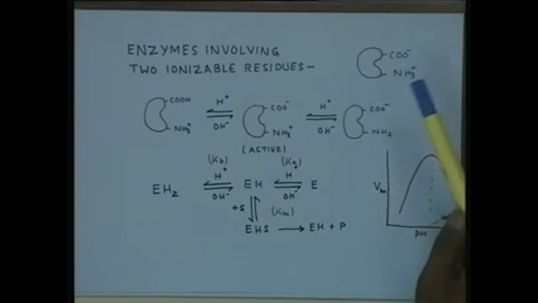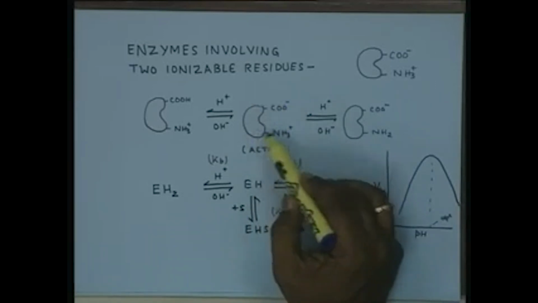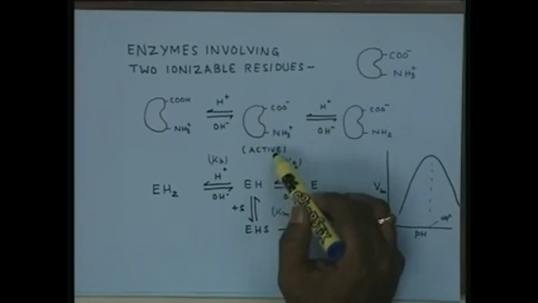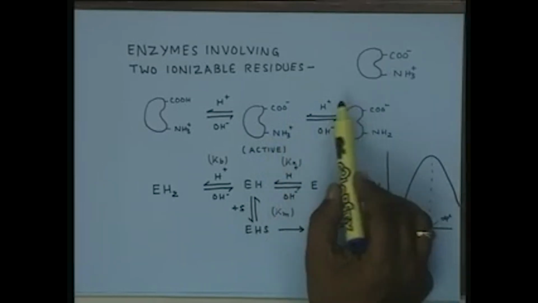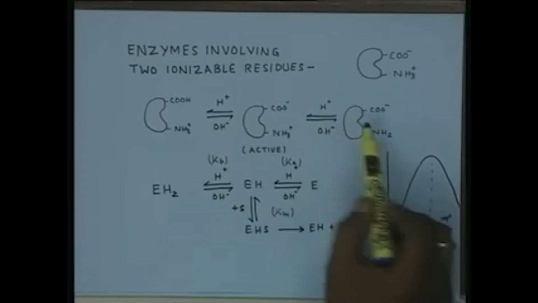definitely if you add acid or base or change the pH, the ionization state of the two residues will change. If we assume that both groups being in the ionized form is the active form, then you can see the effect of adding acid or base on this equilibrium.